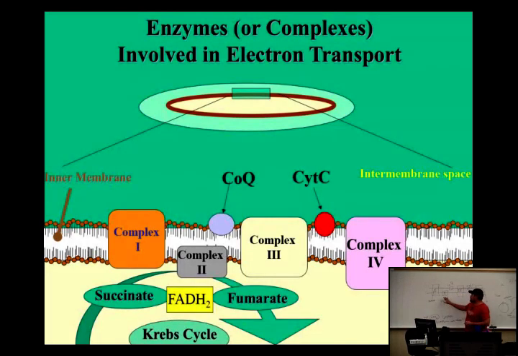So when it gets next to 1, it cannot pull that electron off, but 2 can. So for FADH2, the electron path is the same, except it skips 1. So it goes through 2. So NADH skips 2, FADH2 skips 1. Everybody got it?